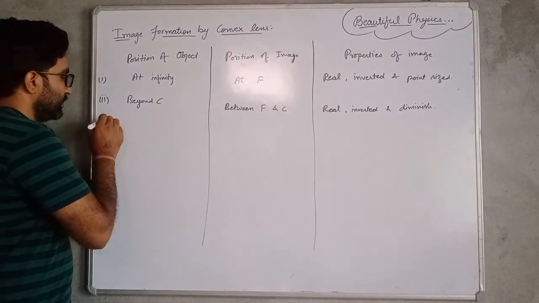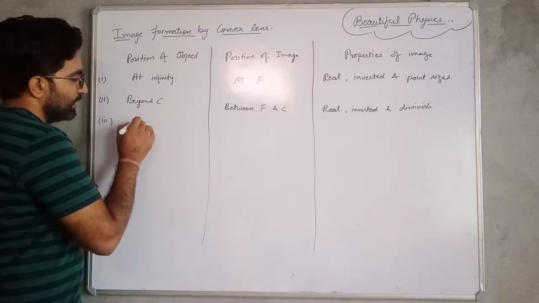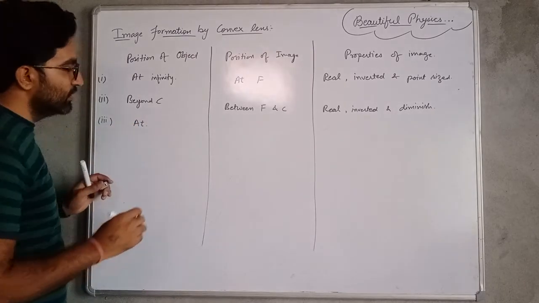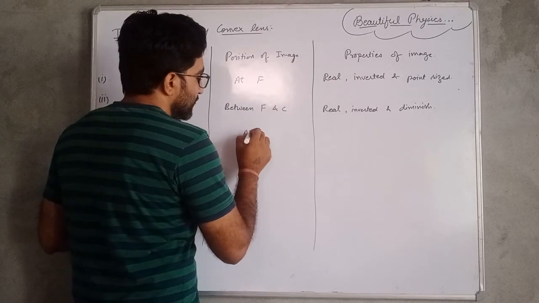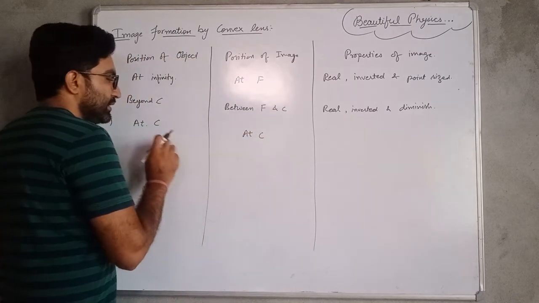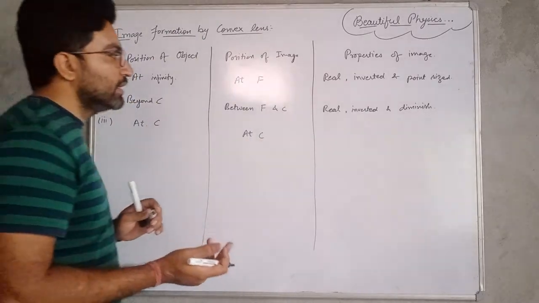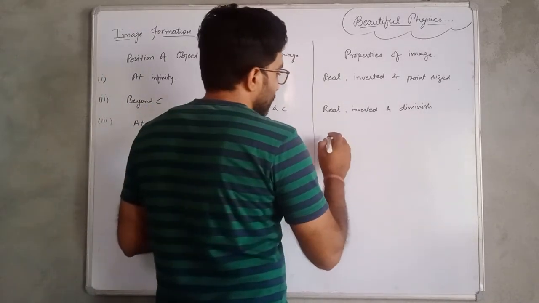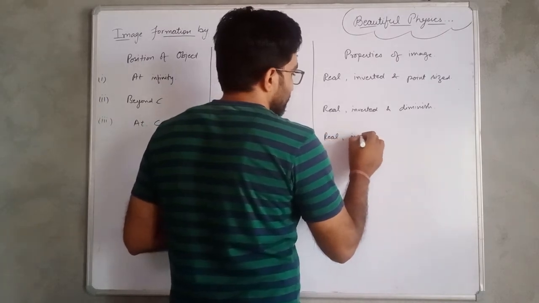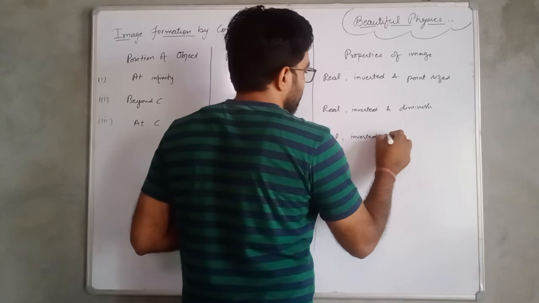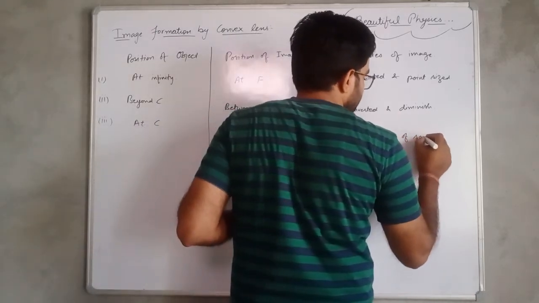Okay. Next one, when the object lies at the center of curvature, the image is also formed at the center of curvature, but in this case the center of curvature is on the right hand side of the convex lens, and the properties of the image formed are real, inverted, and of same size.